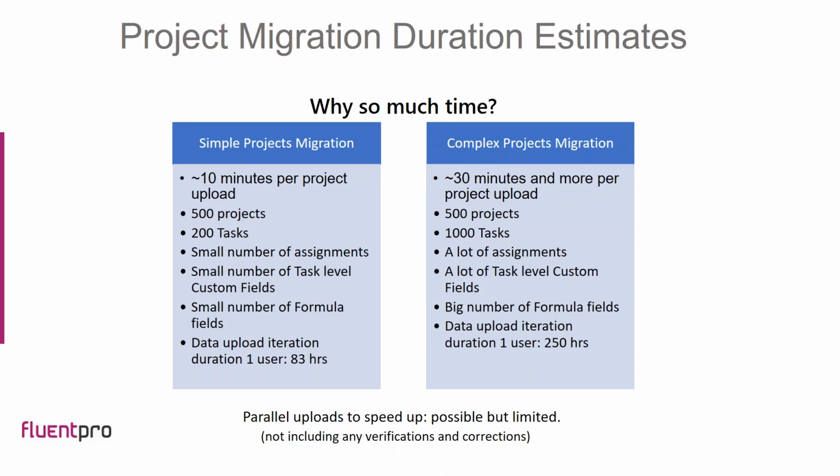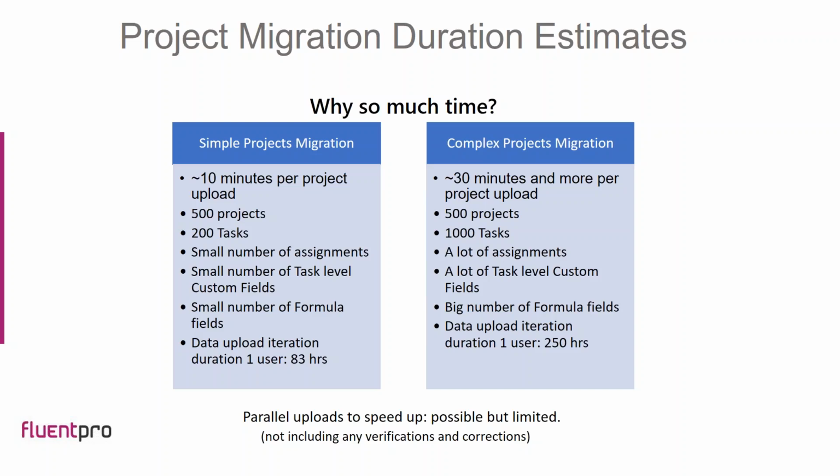It can be from a month and a half to half a year if you have thousands of projects that you decide to move to Project Online. And with this simple example, I would like to show you why migration can take a long time.